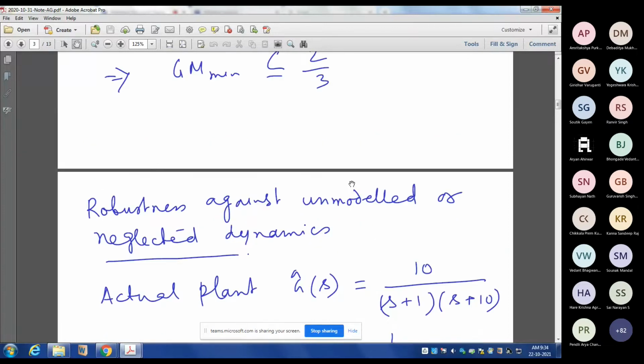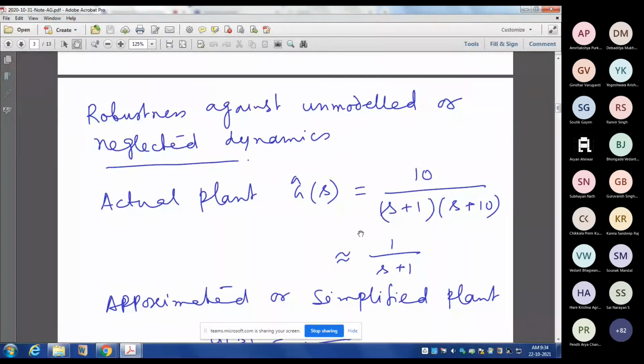Now we'll see what the measure for robustness against unmodeled or neglected dynamics is. A simple example we will consider. Suppose the actual plant is a second order system, but we can easily approximate it as a first order one. That means here 10 by S plus 10 we have neglected.